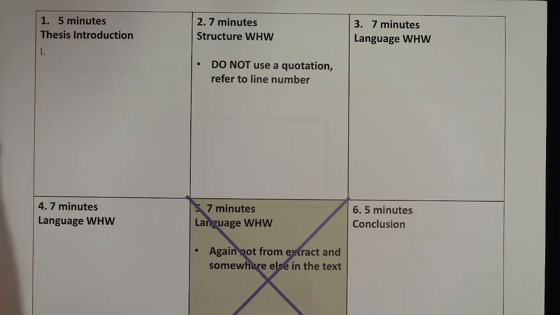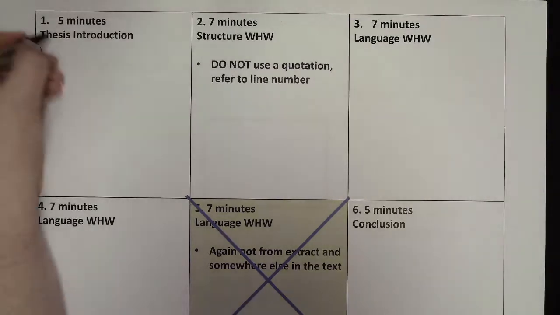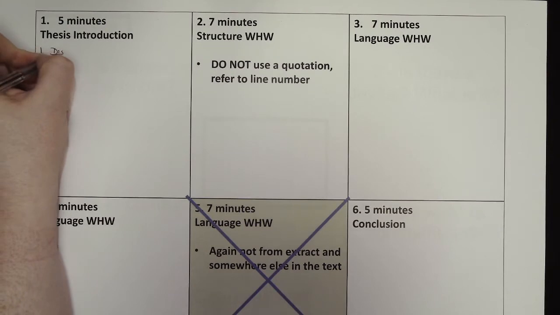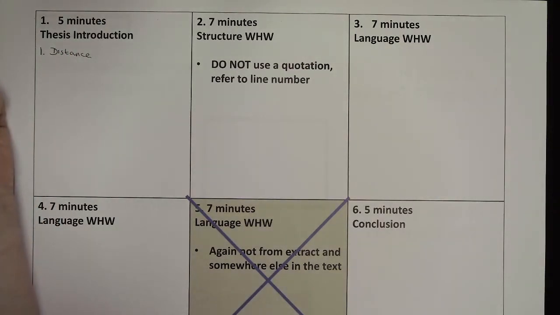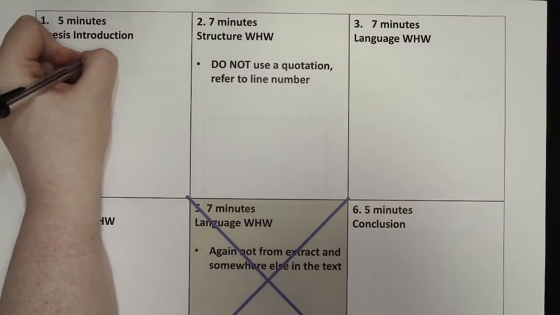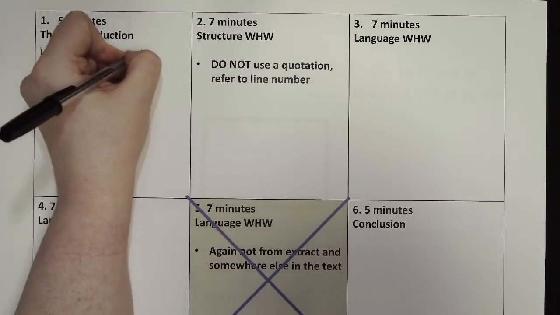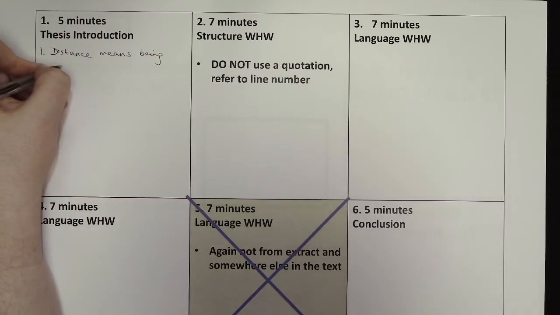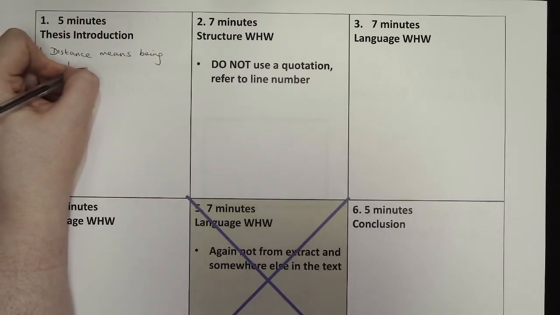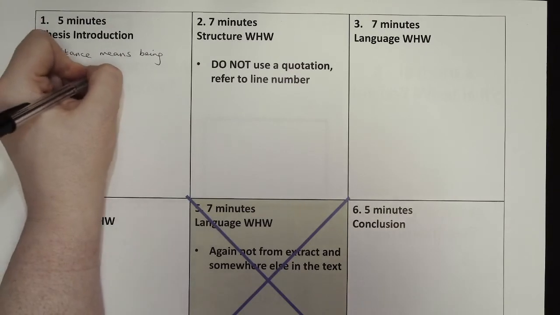So the first sentence is, what is the key word in the question and what does it mean? Well, we've already discussed this in the first lesson of the week. The key word in the question is distance. What does distance actually mean? Well, it means being apart or being away from something or someone.